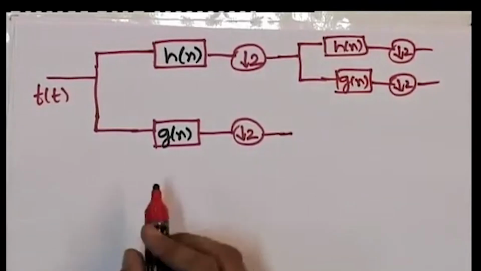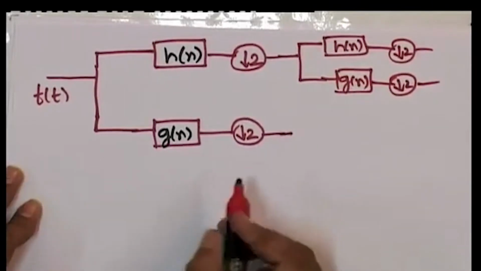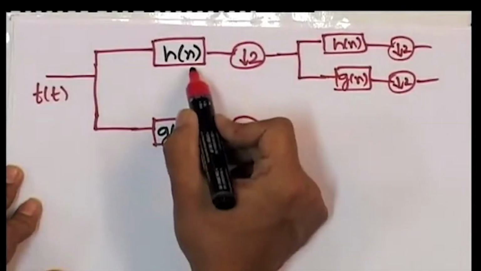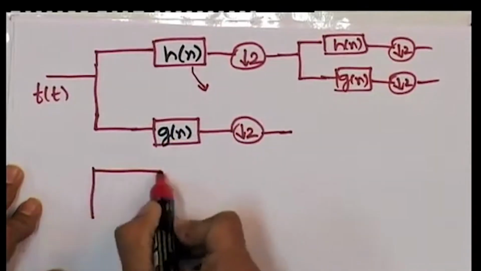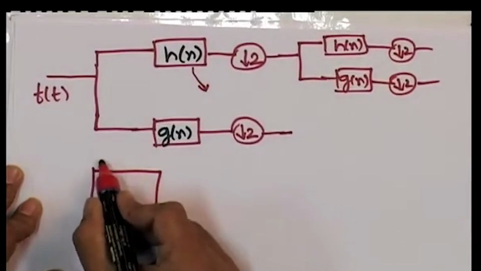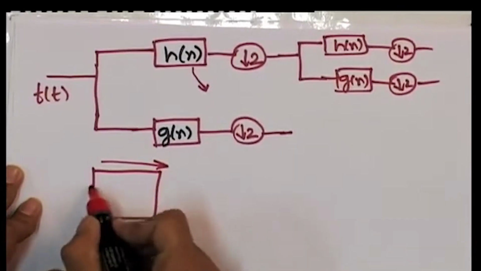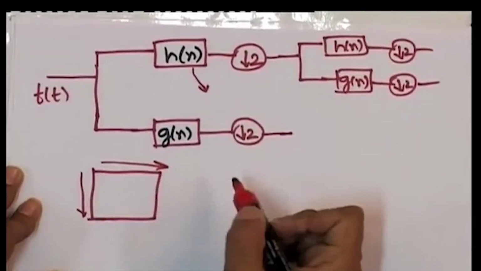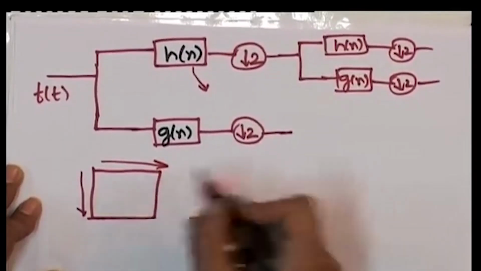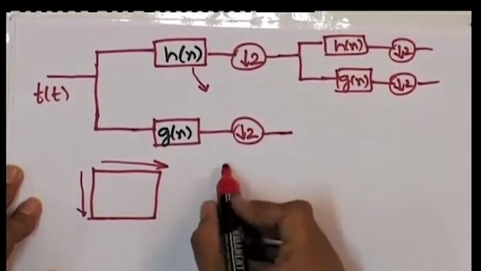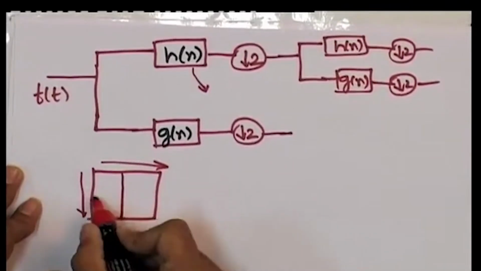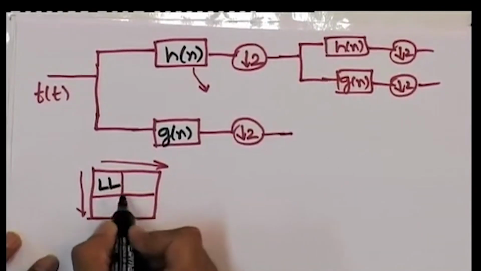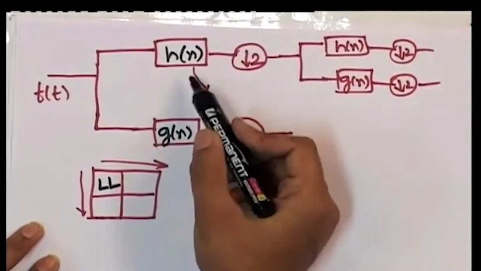If we apply this filter bank to a two-dimensional signal such as an image, then we apply the filter HN to the image row wise and then column wise. If we apply first HN row wise, downsample it and then apply HN again column wise, downsample it, then we will get the low band of the image, LL, because we are applying HN, which is a low pass analysis filter, twice.